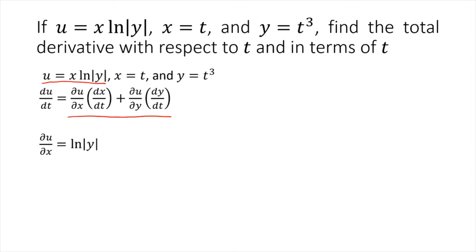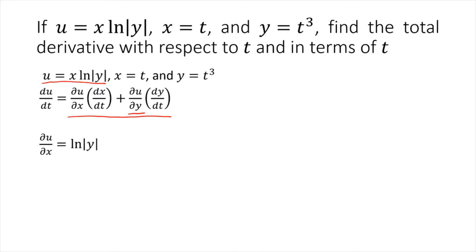Then let's find the partial derivative of u with respect to y. Again looking at this equation, hold x as constant. So the derivative of ln y with respect to y is 1 over y.